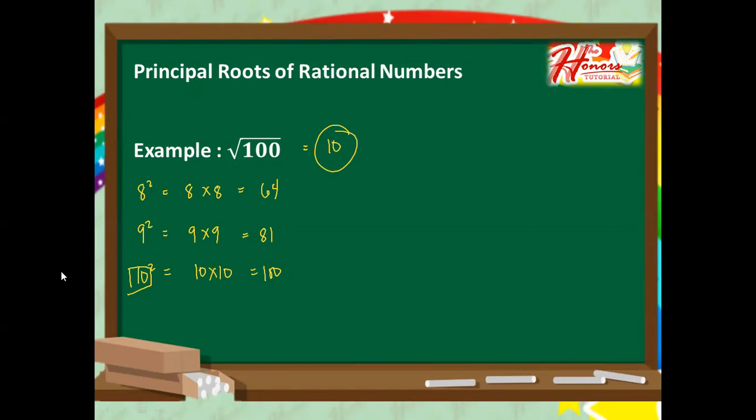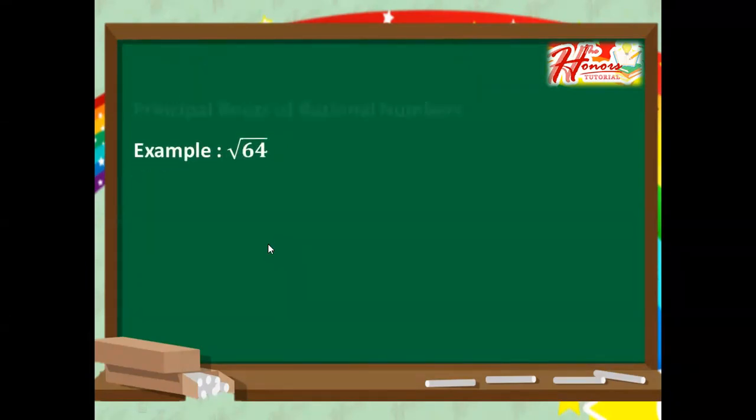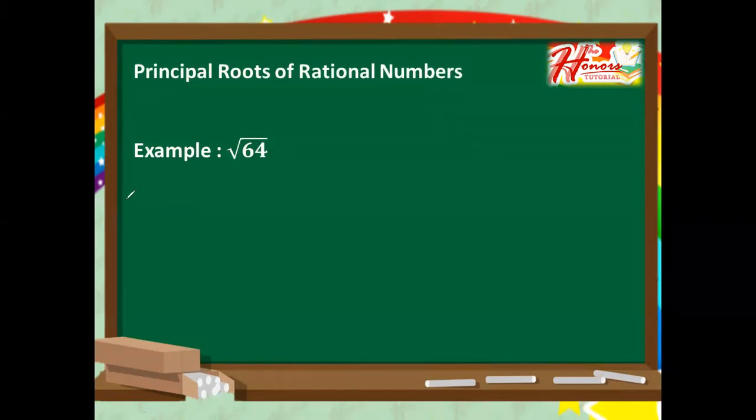Next, let's have another. We have here the square root of 64. Same process. Just think of a number that when you raise to 2 is equal to 64. Let's try 6 squared. 6 raised to 2 is 6 times 6. So that is equal to 36.